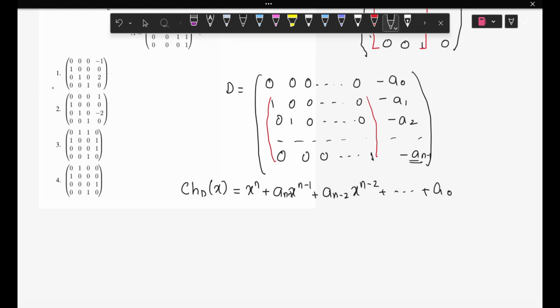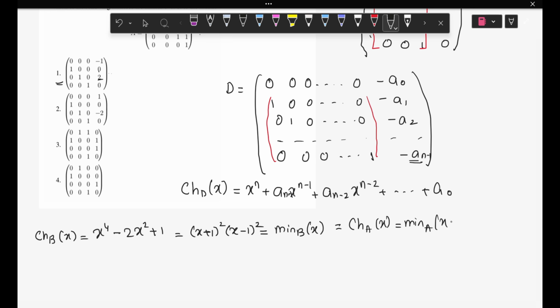Now by using this formula, I calculate the characteristic polynomial for option 1, that is x to the power 4, minus 2x square, and this is 0, this is 1. So this is the characteristic polynomial of this matrix B, ch_B(x), which is equal to (x plus 1) whole square, (x minus 1) whole square, right? And B is a companion matrix, so that is again the minimal polynomial of the matrix B. So for the matrix B, the characteristic polynomial and minimal polynomial are the same, and this is the characteristic polynomial and minimal polynomial of the matrix A as well.